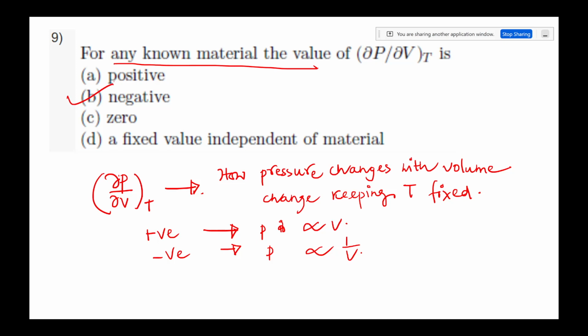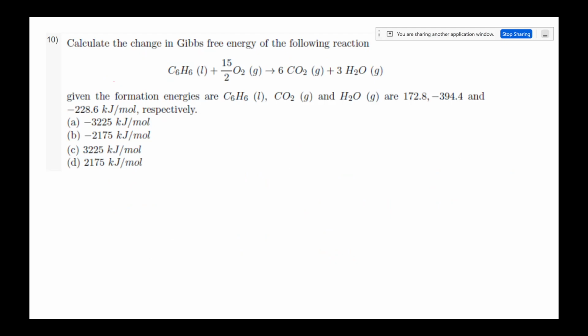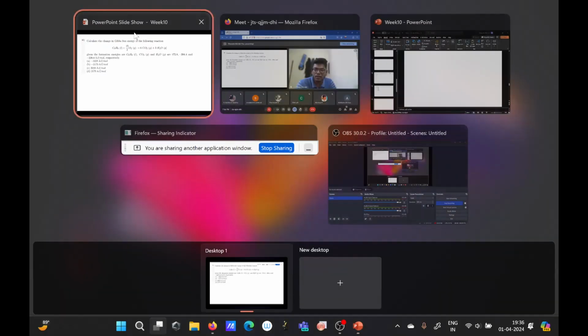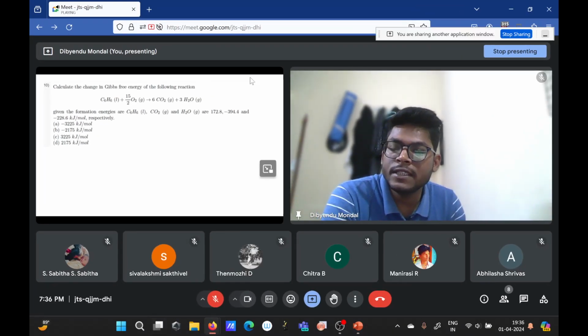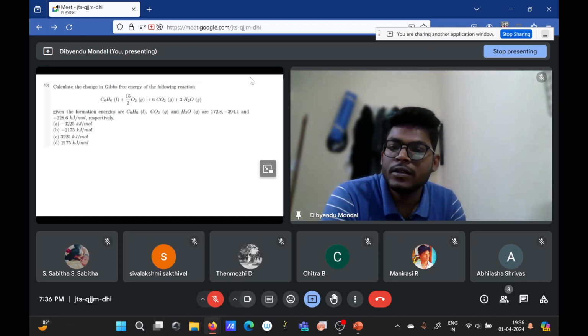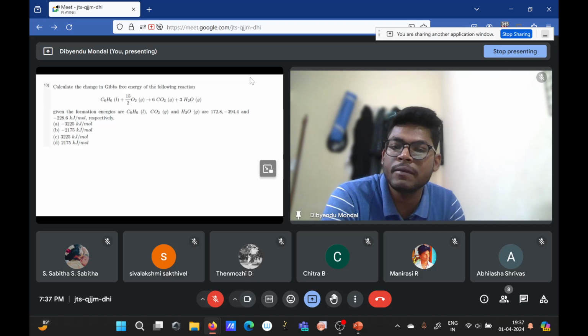Okay, so that's that. Now this is the last question. It says calculate the change in Gibbs free energy of the following reaction, which is C6H6 in the liquid form plus 15 by 2 O2 gas gives 6 CO2 plus 3 H2O gas. The formation energies for C6H6, CO2, H2O are given.